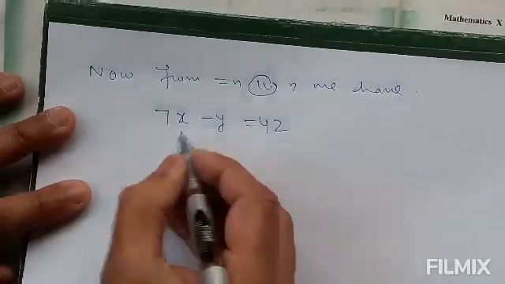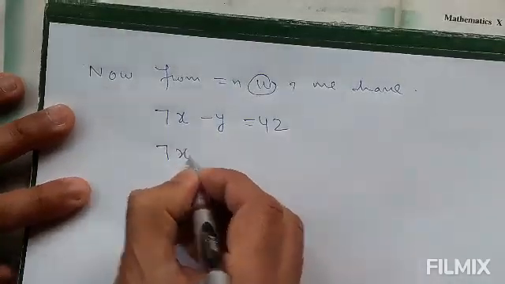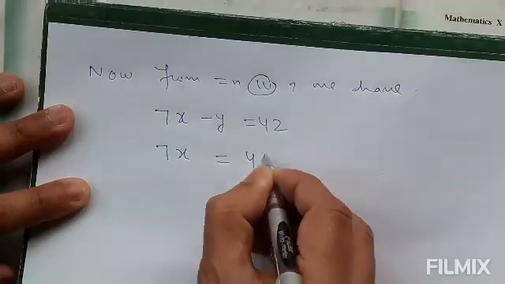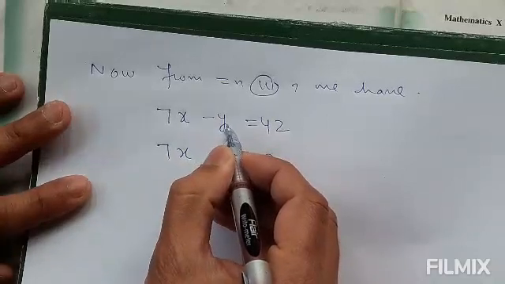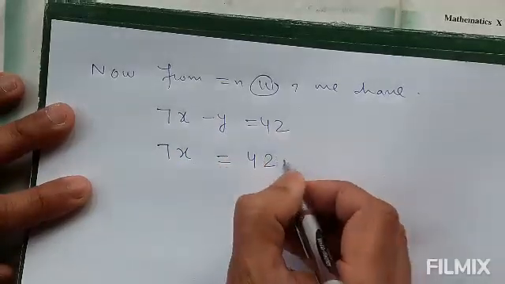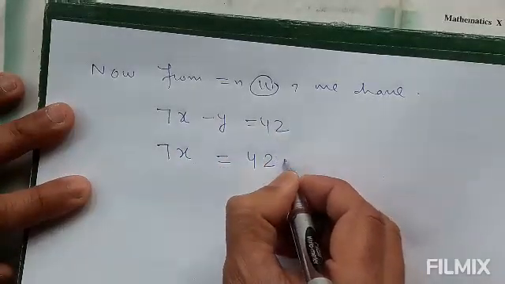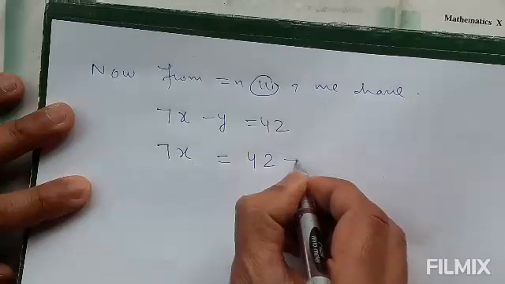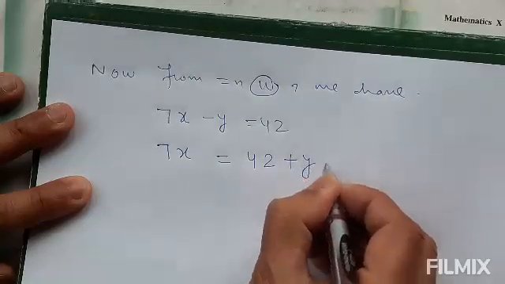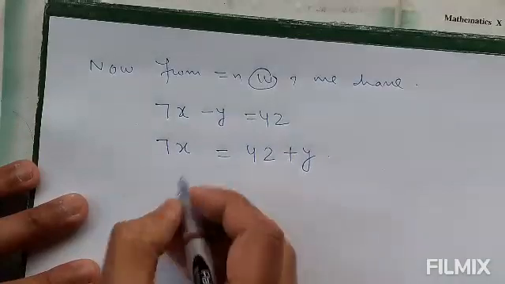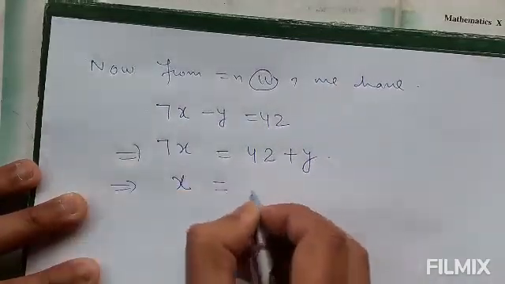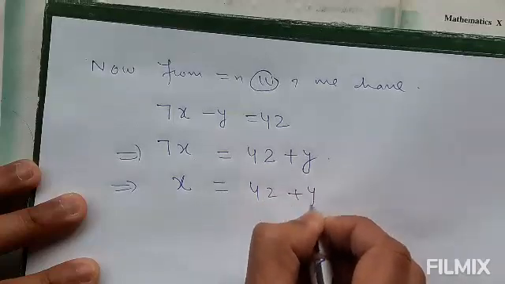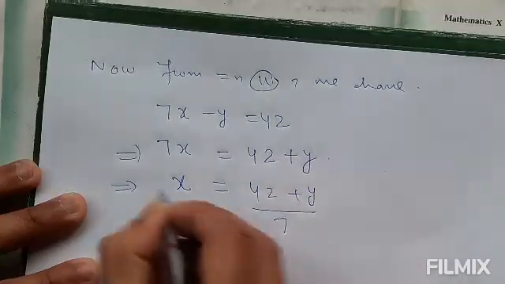We will keep 7x here, and on the right side we will write 42, and this y will change its sign and be written on the RHS as plus y. Furthermore x equal to 42 plus y divided by 7.